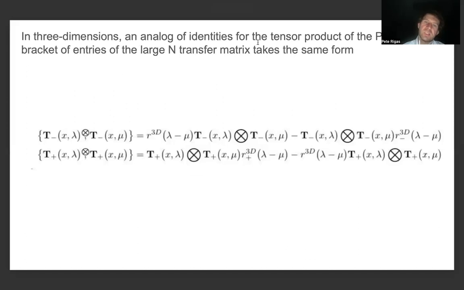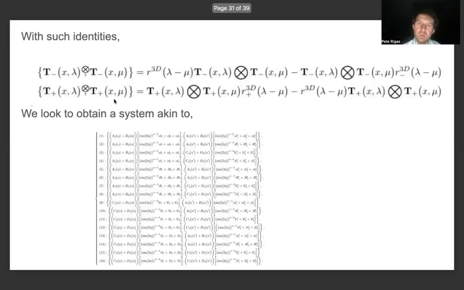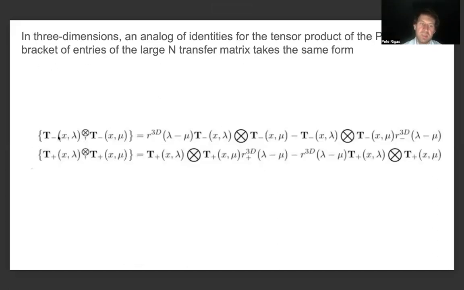And in three dimensions, an analog of the identities for the tensor product of the Poisson bracket of entries of the large N transfer matrix takes the same form. As we mentioned, we can define boldface T, as we alluded to earlier in the presentation, as the three-dimensional transfer matrix, and we can take the limit of certain parameters to positive or negative infinity, which we denote as boldface T minus or boldface T plus.